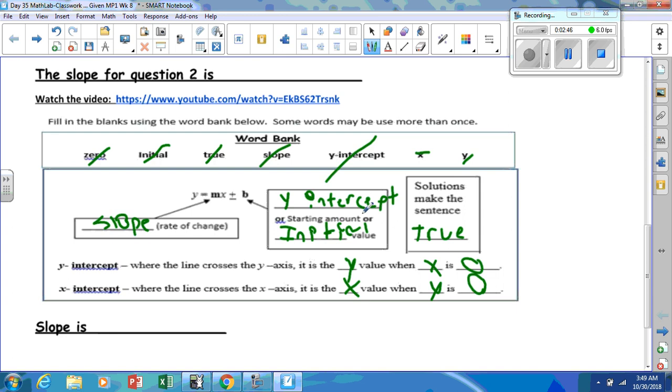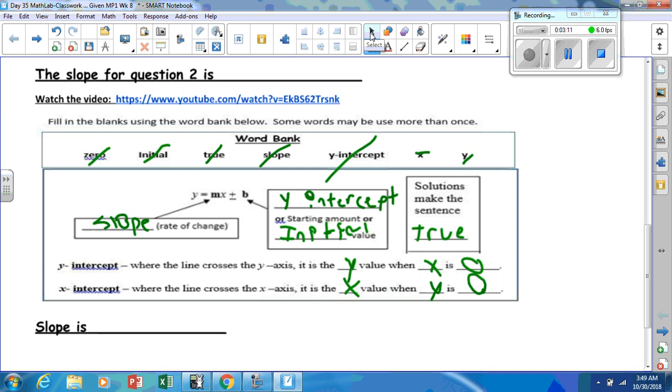Let's actually start some questions. Let's get the first question started here. As you read it to yourself, I'll read it aloud. Opening exercise: write the equation of the line for the graph.